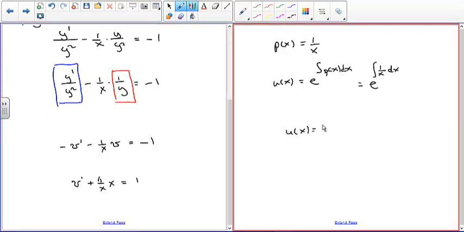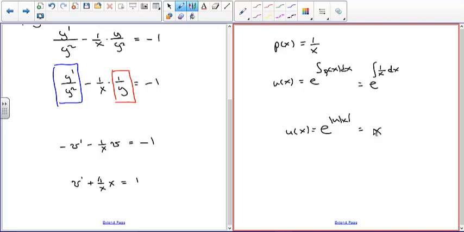The integral of 1 over x dx is equal to the natural log of the absolute value of x, which is just x. Now I did take the absolute value off, which is legal. I never quite fully understand why that is, but we're just going to assume it's legal. So that's my integrating factor.